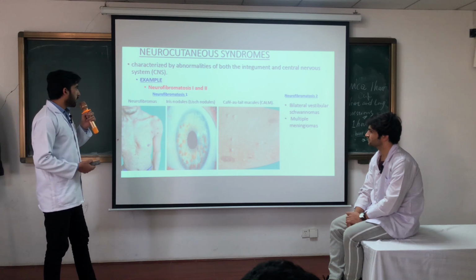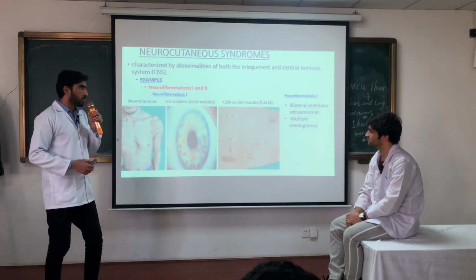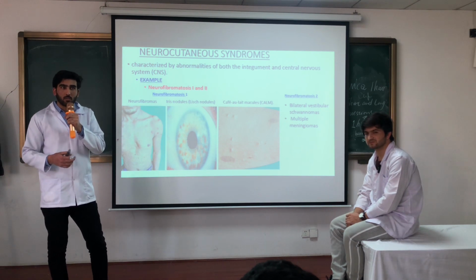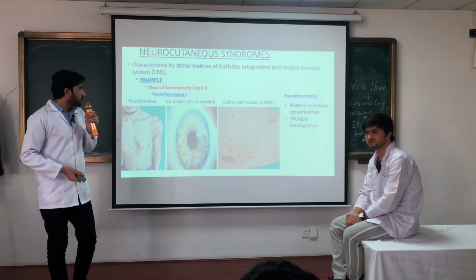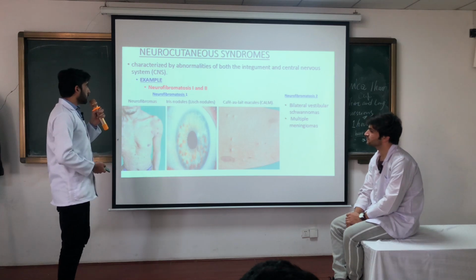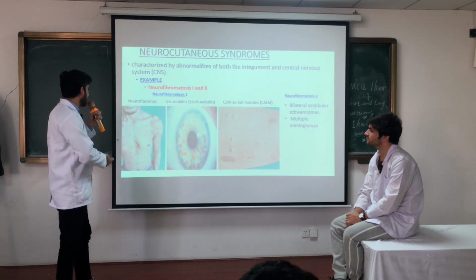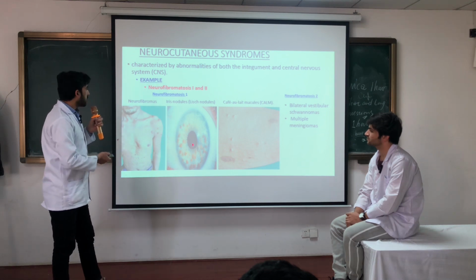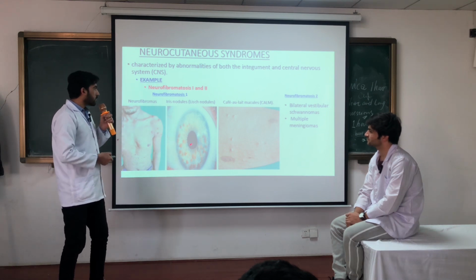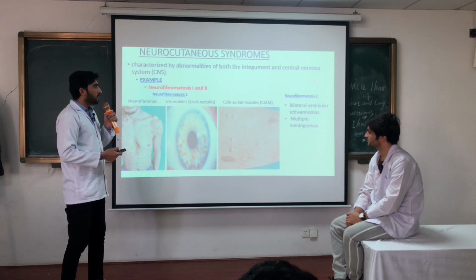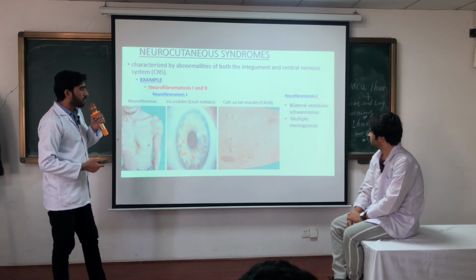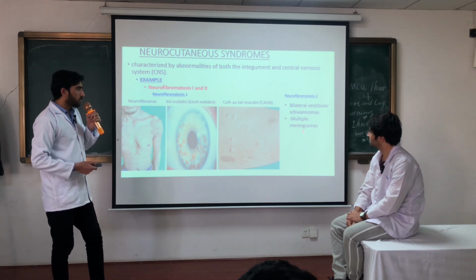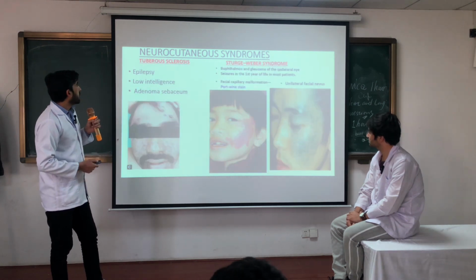So what does neurofibromatosis mean? There is involvement of the peripheral nerves and also involvement of the skin. In neurofibromatosis type 1, there is formation of neurofibromas and skin involvement, with nodules and café-au-lait spots. In neurofibromatosis 2, there is involvement of bilateral vestibular schwannomas and multiple meningiomas.